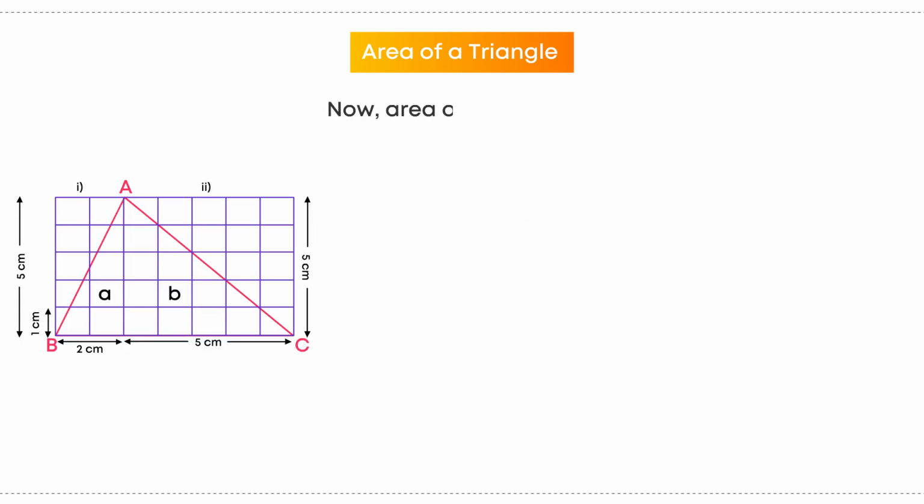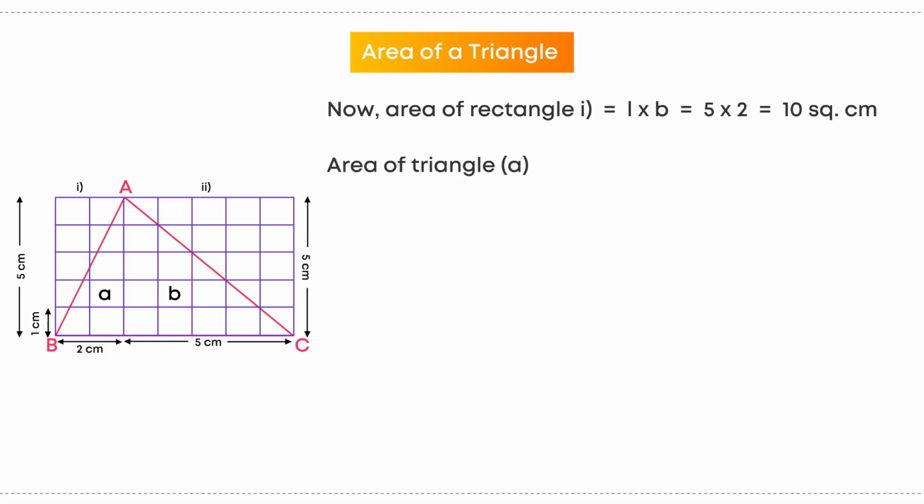Now, area of rectangle 1 is equal to length into breadth is equal to 5 into 2 is equal to 10 sq cm. Area of triangle A is equal to 10 by 2 is equal to 5 sq cm.